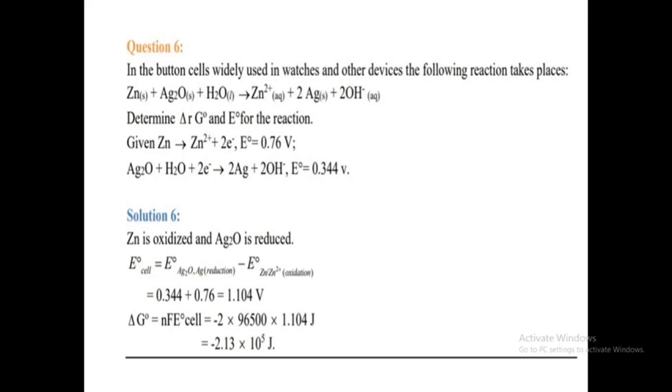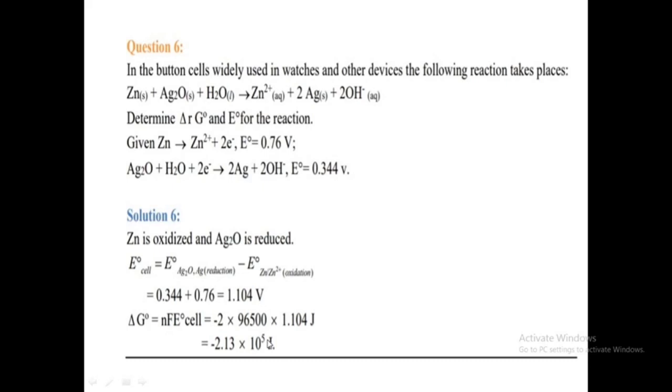So we have determined the E naught cell for the button cell, and then we have to determine the value of delta G naught, and the value of delta G naught equals minus nF E naught cell. So minus 2 into 96500 into 1.104 joule.